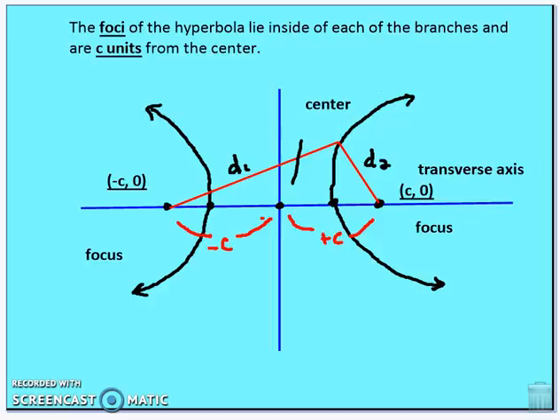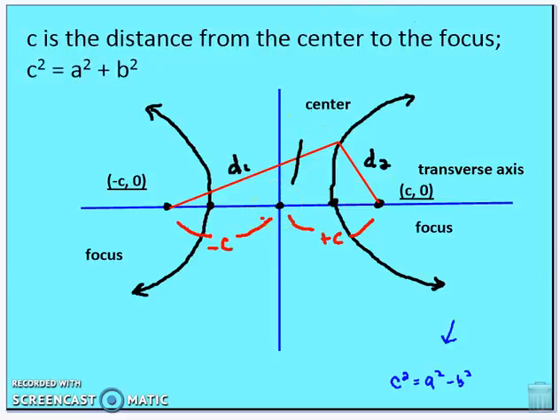All right, the C value. Now we're back to the same A, B, C values that we had with the ellipse. The C value, again, is the distance from the center to the foci along the transverse axis in both directions. So C units to the left and C units to the right of the center gives me the location for the foci, and there are two of them.